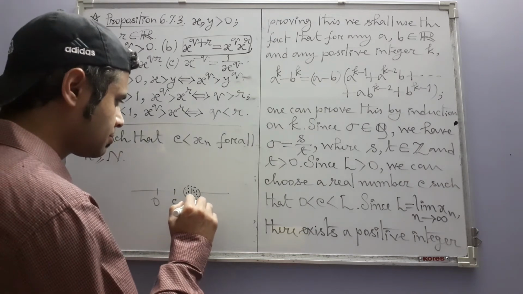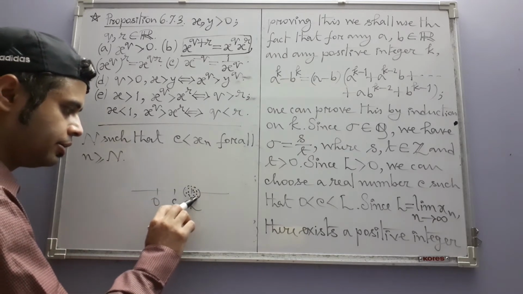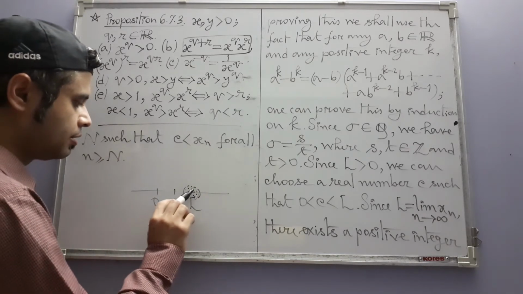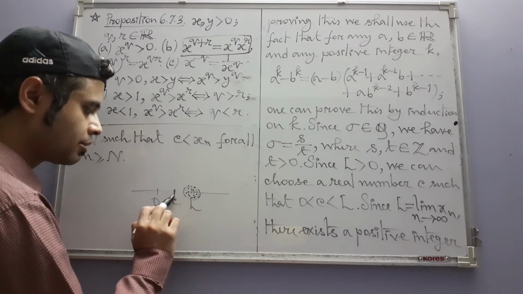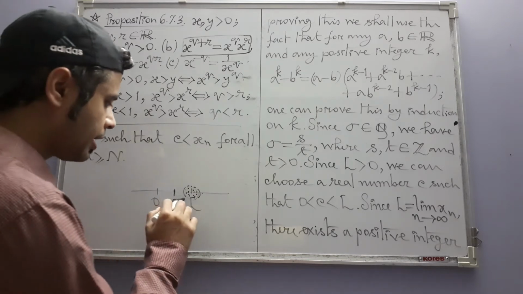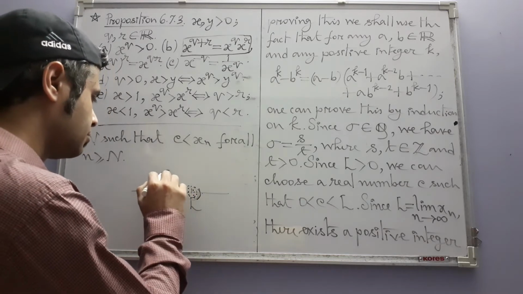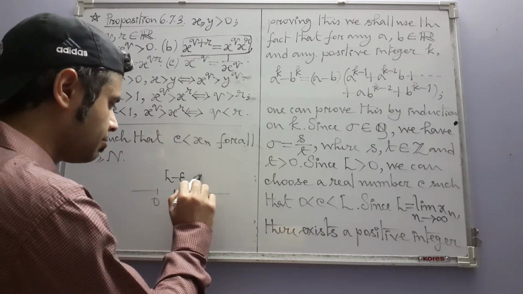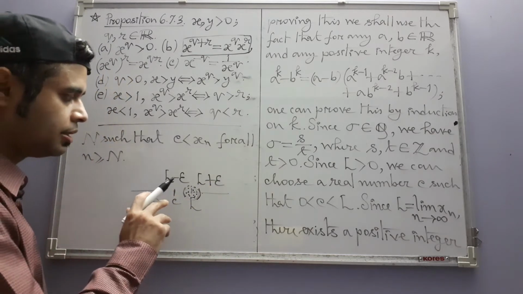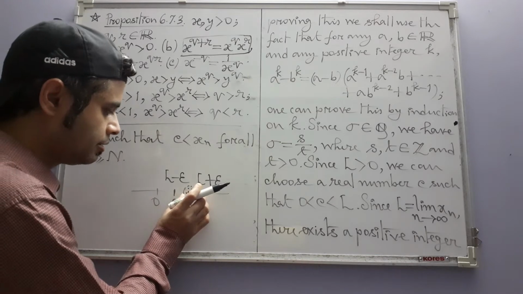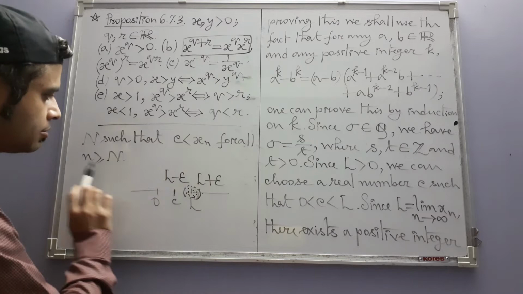So starting from some stage, and that stage here is N, all the terms xn are going to lie here. And so automatically for those terms, all of them are greater than C. If you are wondering what this region is, it is nothing but your open interval L minus epsilon prime, comma L plus epsilon prime for some suitably small epsilon prime, so that this does not contain C. Okay, so that is how we are getting this inequality.